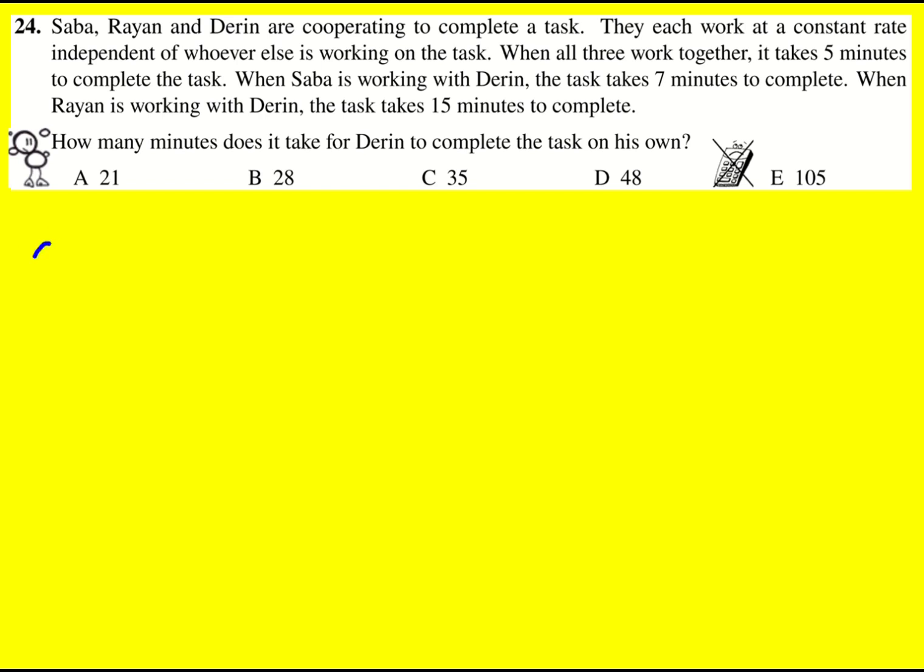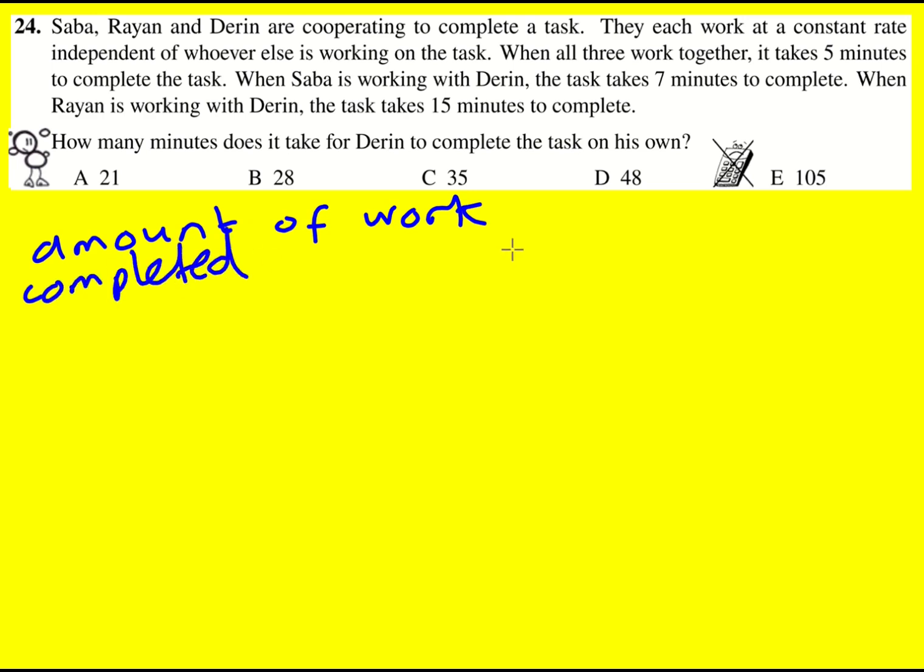So I wrote down a kind of intuitive formula: the amount of work done is going to equal the rate at which people work, one person, two people, three people, multiplied by the time that they're working for.